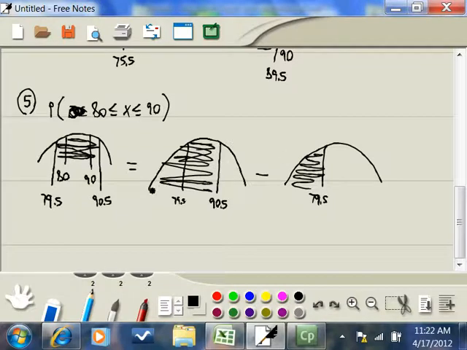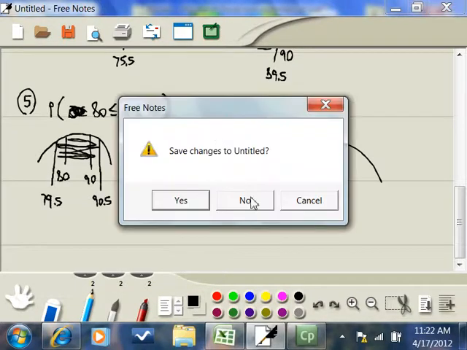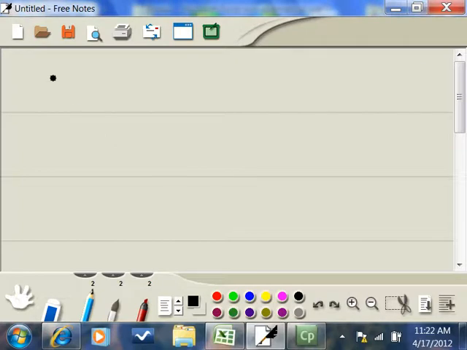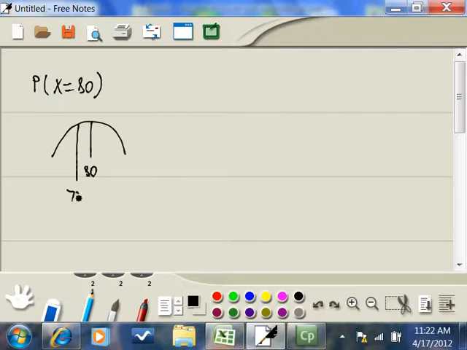Let's look at one more. I don't remember what number this was, but x equals 80. Now here, our wording includes 80, so our shading has to include 80. So we're going to subtract 0.5, and we'll add 0.5.